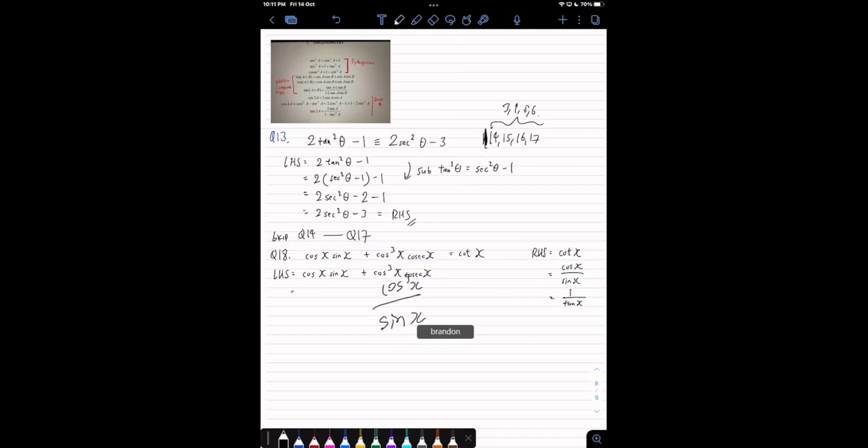And what do you want to do? What do you think? Pause a while. Let's think about it. Here on the left-hand side, how many terms do you see? 2 terms. How many terms do you see at the end of the day? 1 term. So what do you think happens? How come 2 terms become 1 term?